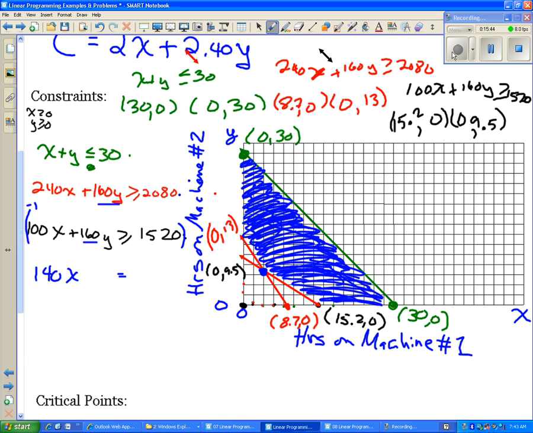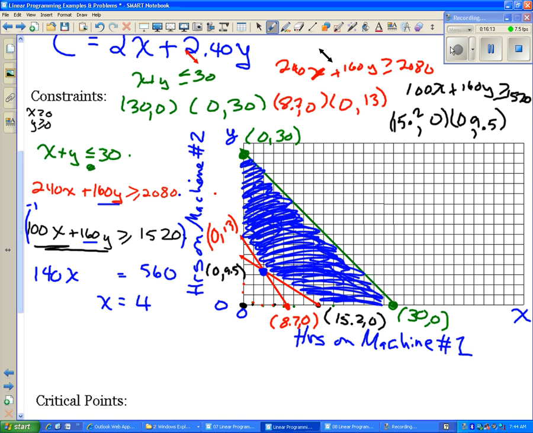2080 minus 1520 is 560. So divide both sides by 140, and I get x to be 4. So I know that x is 4, and now I need to find y. I'm going to plug this into the bottom equation.